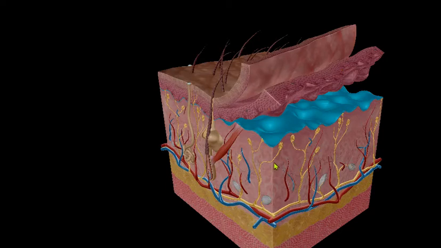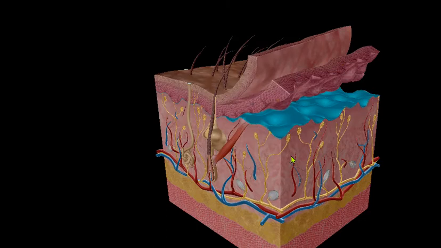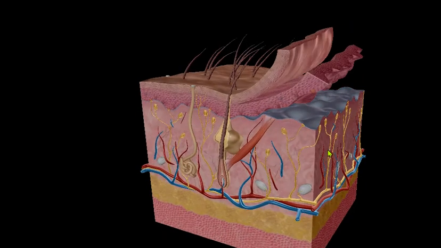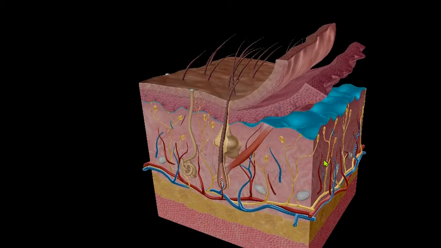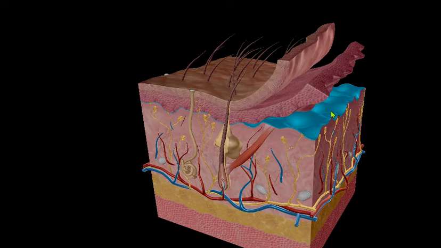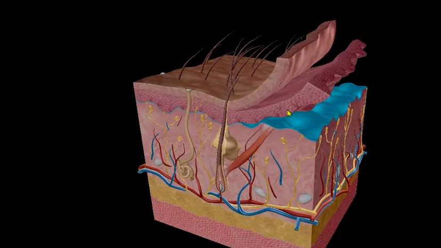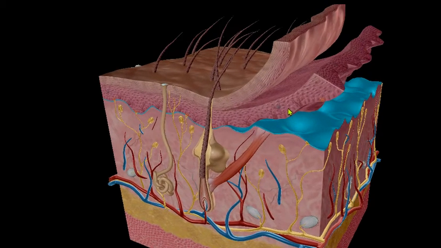Now, let's look at a little more detail regarding these two layers. The epidermal layers are made of keratinized, stratified squamous epithelium resting on top of this basement membrane. The epidermis can be made up of either 5 or 4 layers, depending on the type of skin you're discussing, because you can have either thick skin or thin skin.